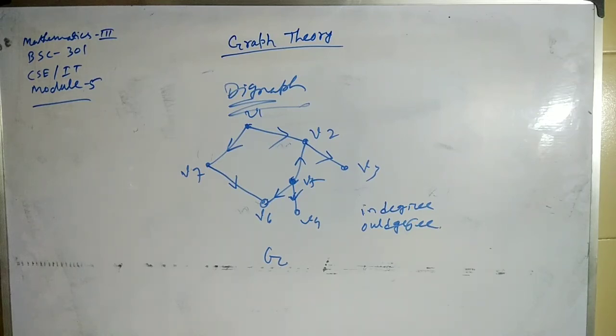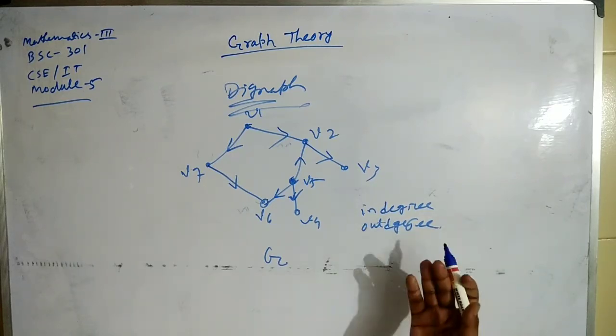Since you have the direction, you can find the number of edges going into that vertex, and out degree is the number of edges going out from that vertex.